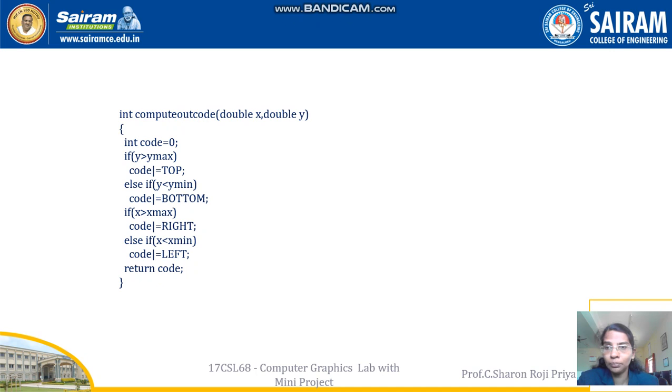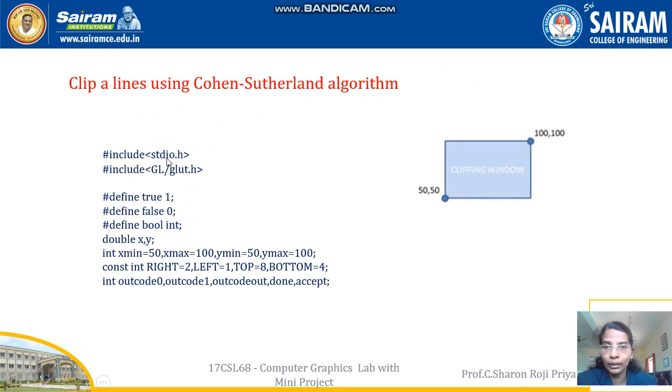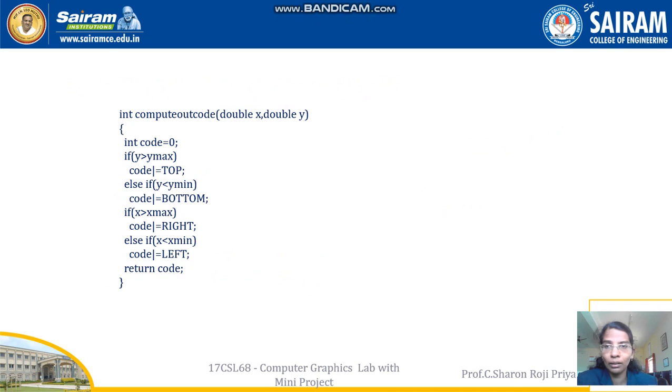So here, what is my y max value? Y max is 100. It is given. Y max is 100 and x max is 100. Right? What is the y value? I am passing the endpoint 60, 20. So 20 is my y value. I'll check whether 20 is greater than 100.